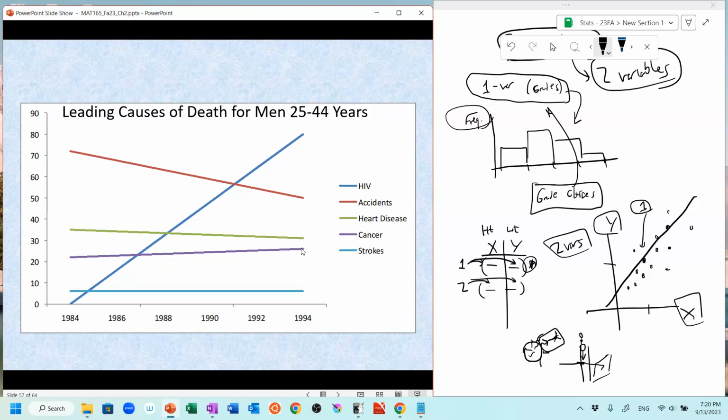But it seems like cancer is also killing more people, while heart disease and strokes may be about the same, and heart disease leading to fewer deaths. And it seems like accidents have gone down dramatically, right?